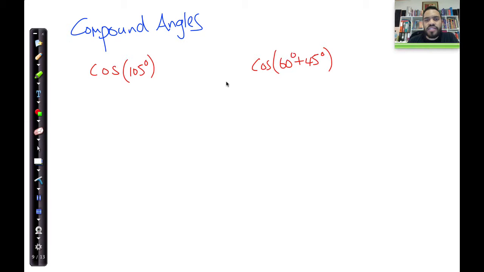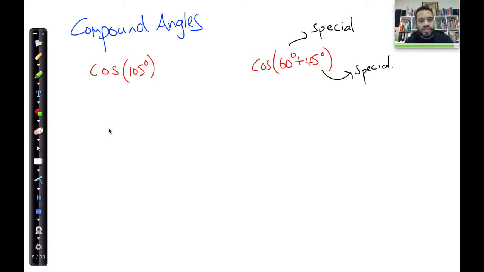That's useful because 45 and 60 are both special angles. It does not necessarily mean these have to be special angles, but this is just one case in which we can see how useful the compound angle identities are.